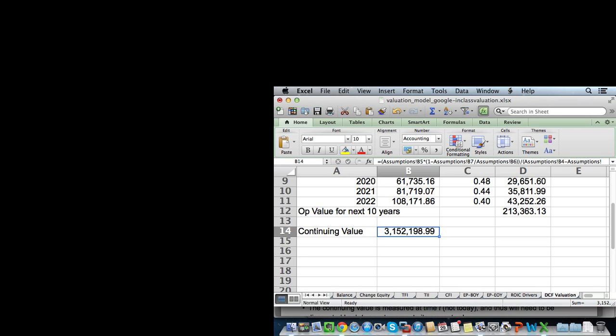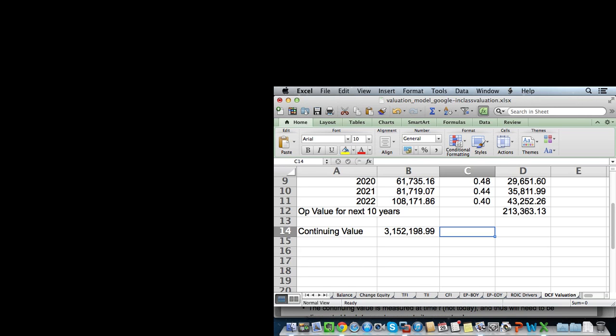But here's the point. This value is the continuing value period, which implies a discount rate and has valued it to the beginning of 2023, which is actually the end of 2022. So we're going to assume that January 1st, 2023 is basically the same as December 31st, 2022, which means I got to present value this to today.